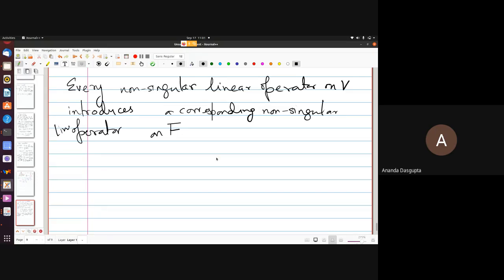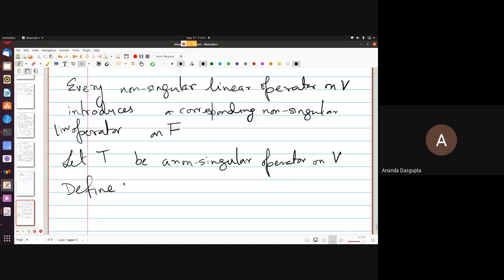So let's see how this works. Let T be a non-singular operator, which of course is nothing but a linear transformation on V. Define OT, given for every T, which acts on F, the set of all functions on V. That means OT will act on a function.